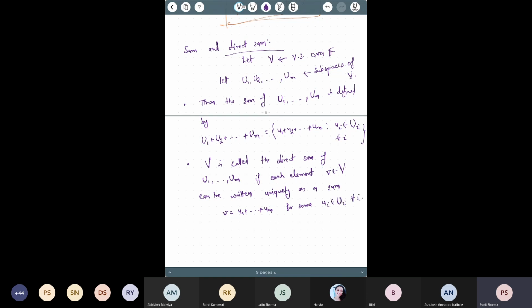Okay, so this term here, unique, this uniqueness is important here. This makes the direct sum different than the sum. And just to denote the direct sum, we use the following notation. So this is the notation for direct sum.